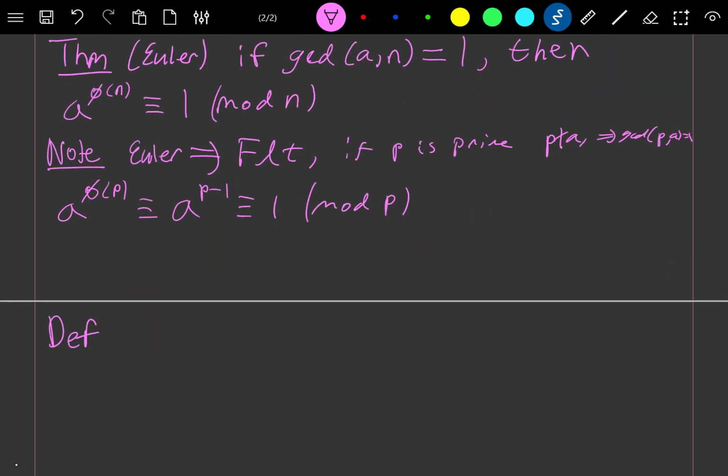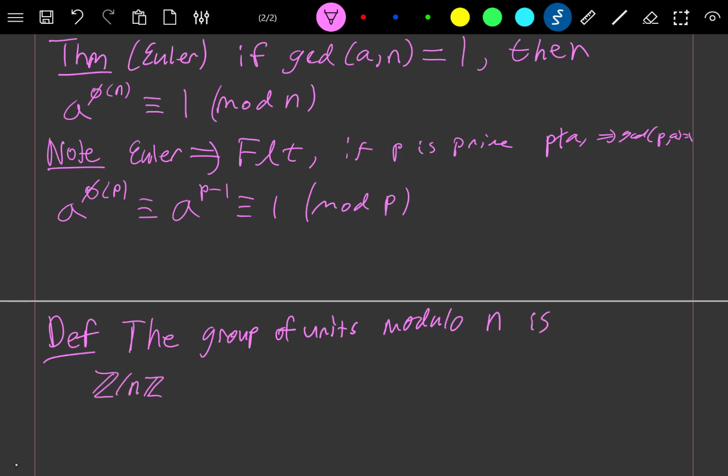To do this, first I'm going to define the group of units modulo n. We're going to denote it Z mod nZ, and then we're going to put a star here.